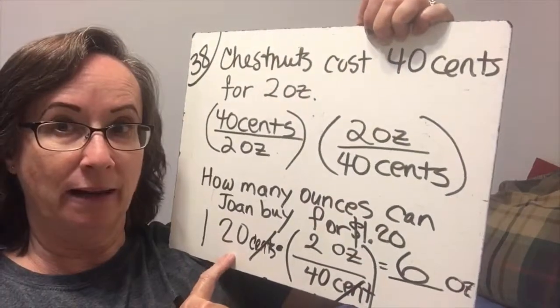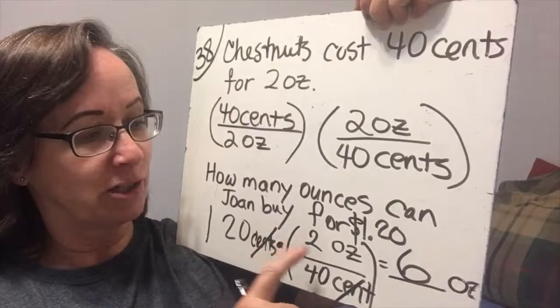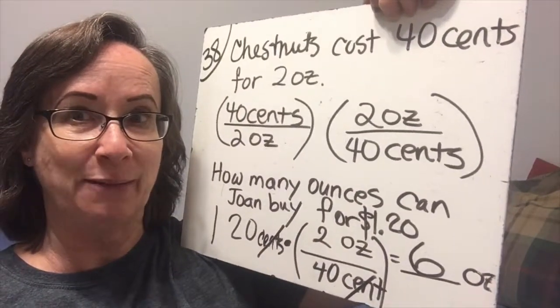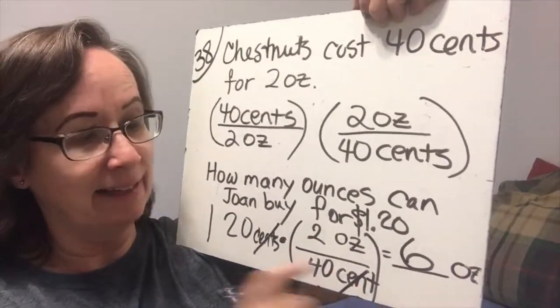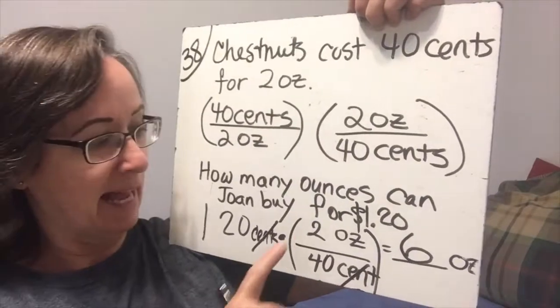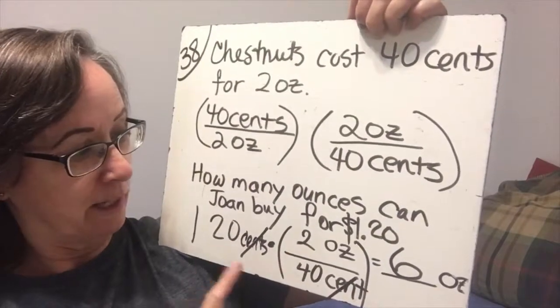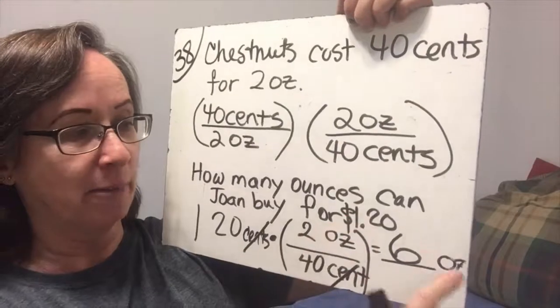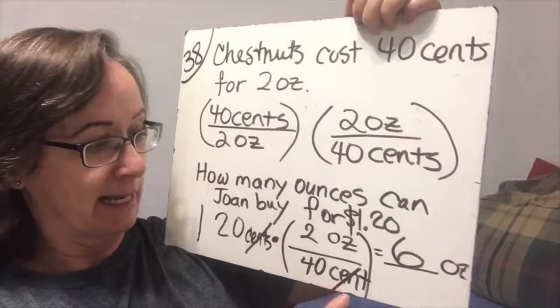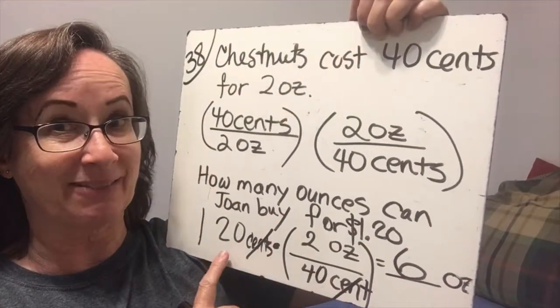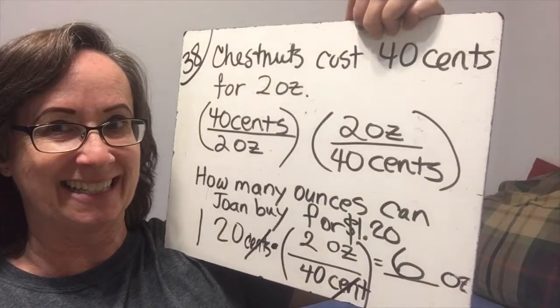If we multiplied the cents by 3, shouldn't we be able to get 3 times as many ounces? And 6 is 3 times as much as 2. So notice ounces was on top. We came out with ounces. Cents were on the bottom because we changed the dollars into cents.